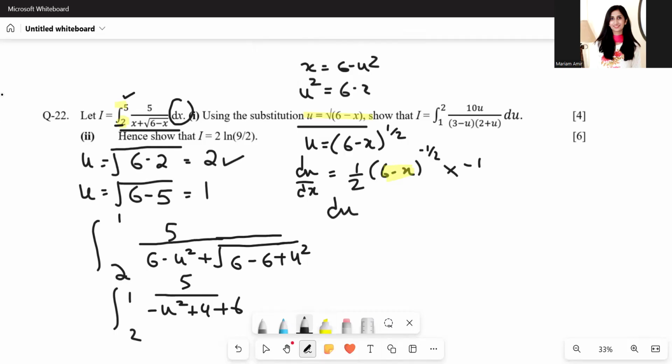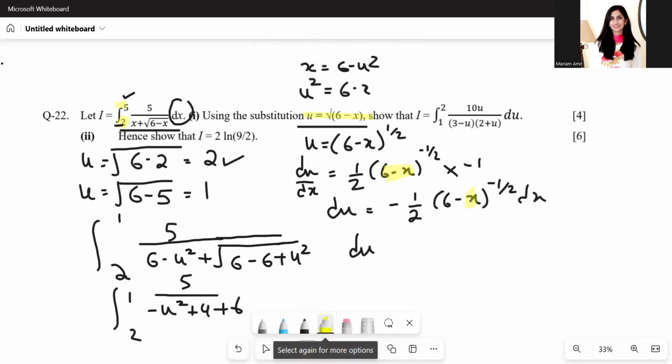So du will be equal to minus 1 upon 2, 6 minus x, power minus half, and dx comes to this side. Okay, so we will also change this x into u.